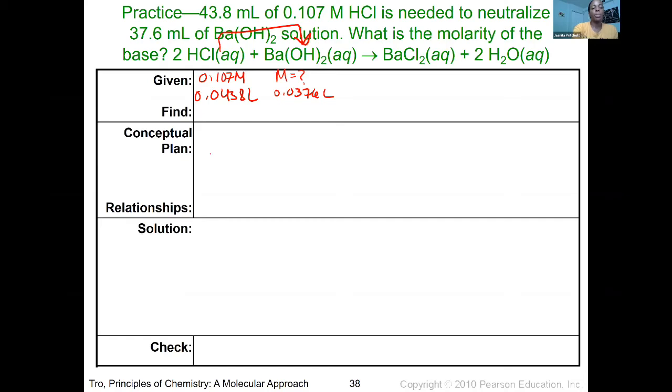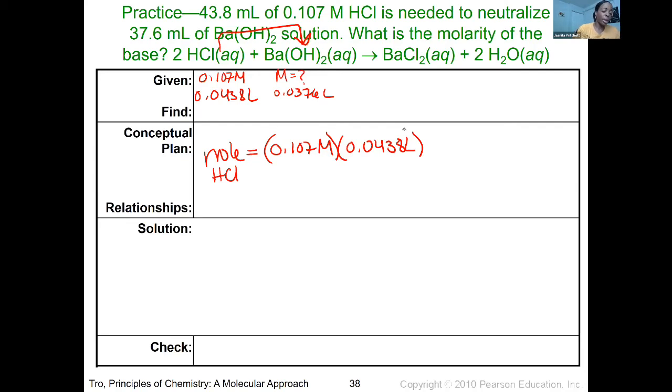So first step is to get to moles as always. So our moles of HCl would be equal to the molarity times the volume. So 0.107 molarity times the volume of 0.0438 liters.